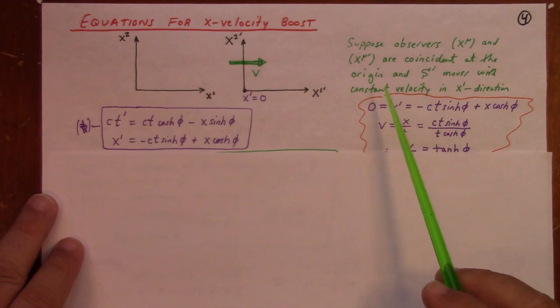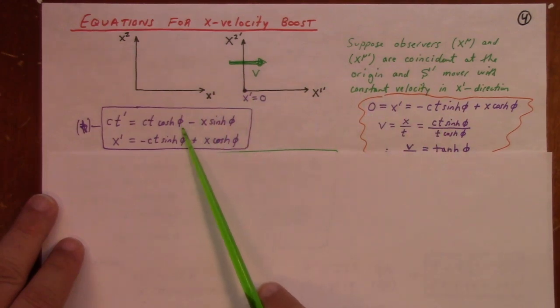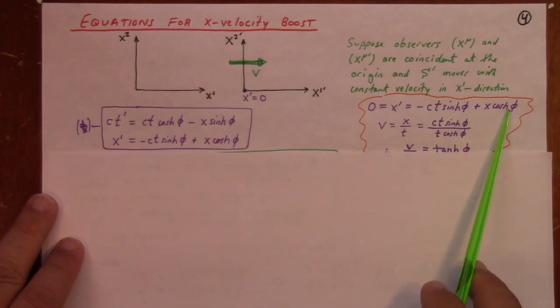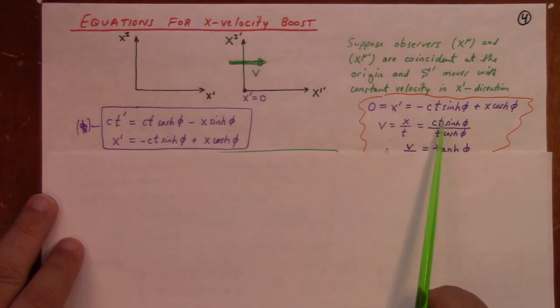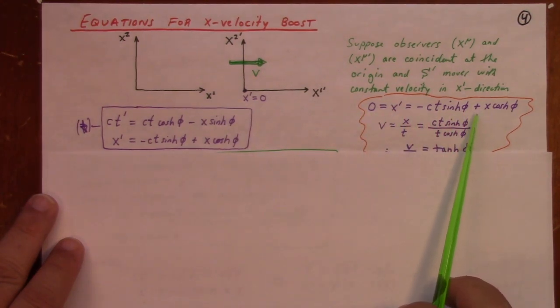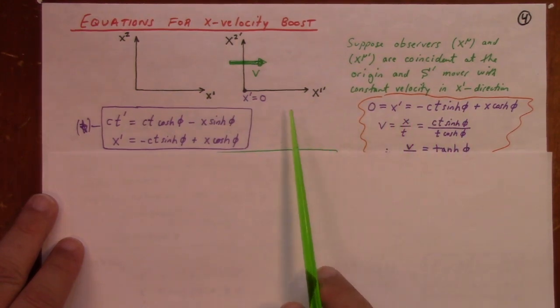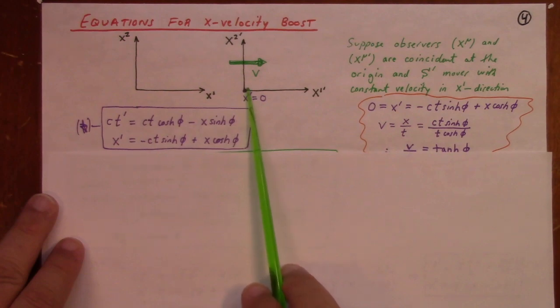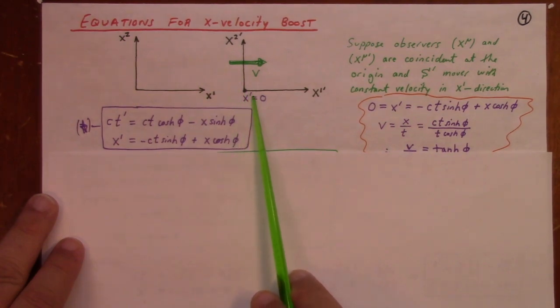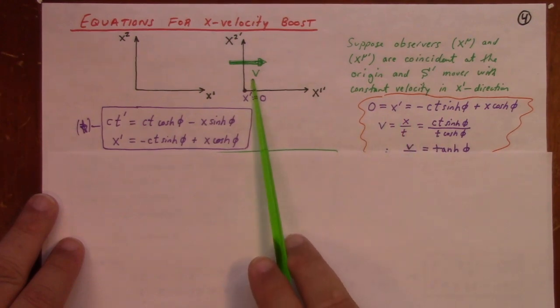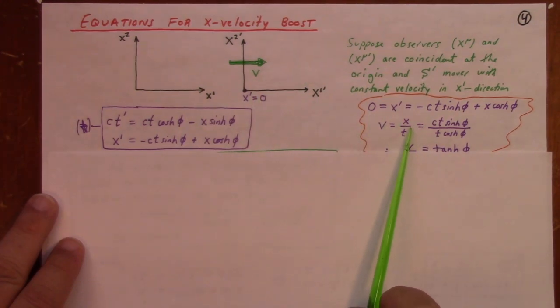So here's why. If you look at x prime equal to 0 relative to this setup, you get minus ct sinh phi plus x cosh phi equal to 0, right? And so if I solve that for x over t, in the sense of x over t for the origin of the primed moving system, if it's moving with constant velocity, then that's what we'd expect.